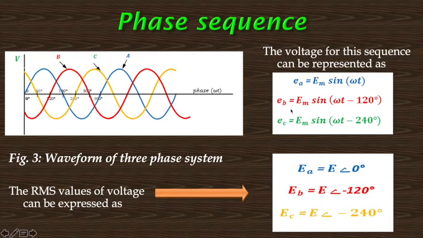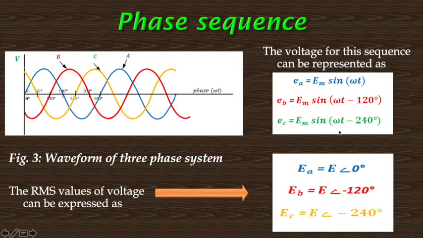Next, EB. When omega t is 120, then this value is 0. When omega t is 0, the magnitude of EB is a negative value. So, this is the EB voltage waveform.